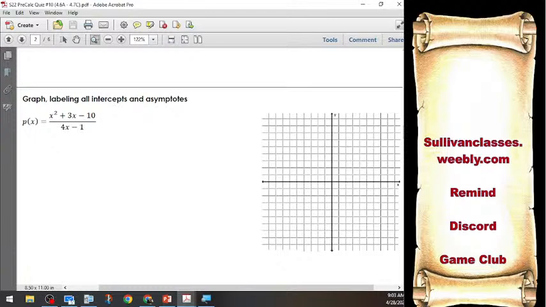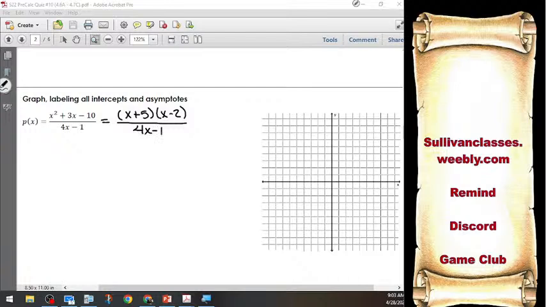Section 2.5. Factor, factor, friggin' factor. Whenever I see a rational expression, I better factor. So x plus 5, x minus 2.